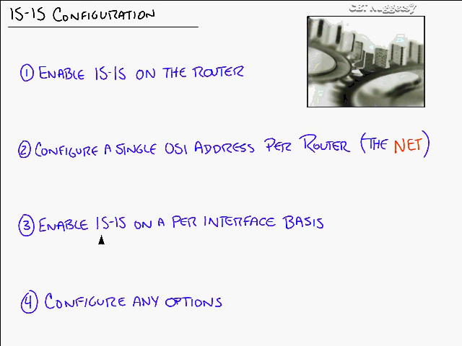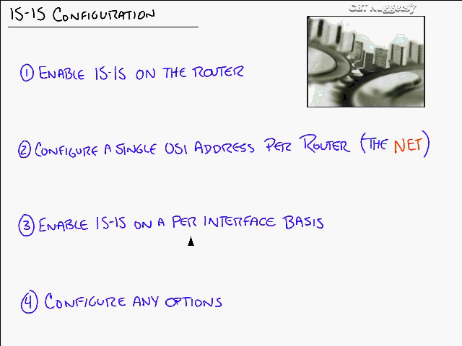You get to enable ISIS on a per interface basis. And when I say that, I mean from interface configuration mode, you turn on ISIS. That for me has been a huge bonus for ISIS, because with OSPF, where do we do it? Router config mode, right? You type in network followed by, well, I usually use the shortcut of the interface IP address, a wildcard mask of all zeros, and you tell what area it's in.